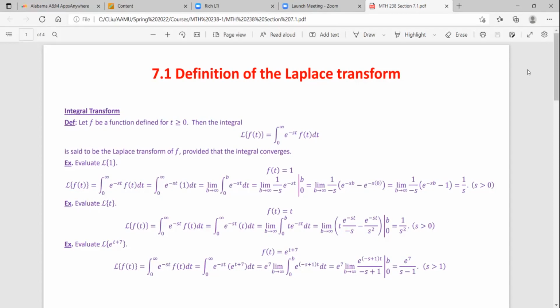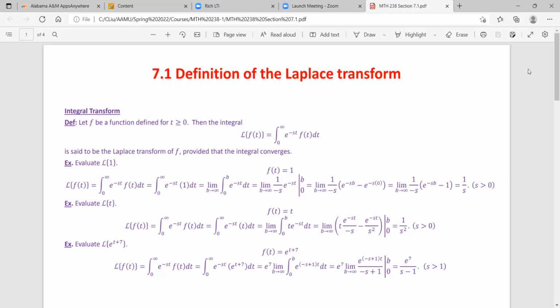So that's the first example, and then let's do another example: how do we find the Laplace transform of t? So this function f(t) equals t. Just replace f(t) by t in this integral.